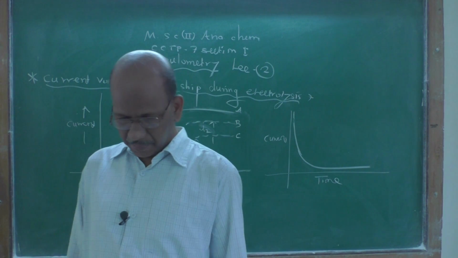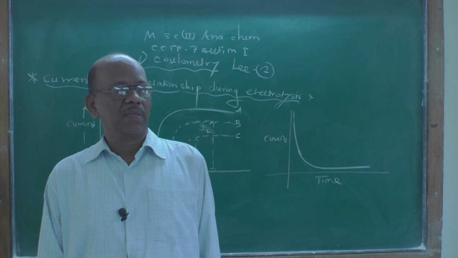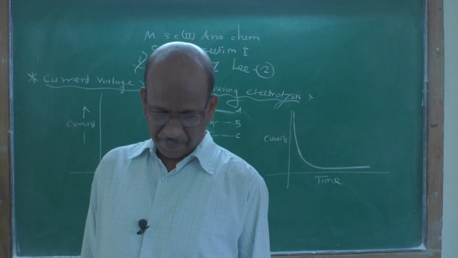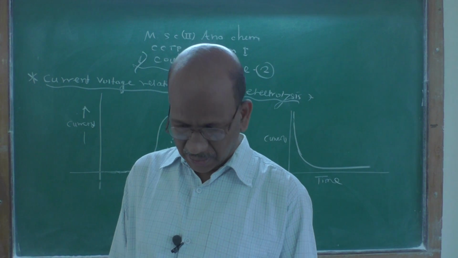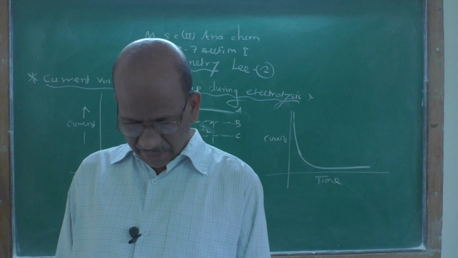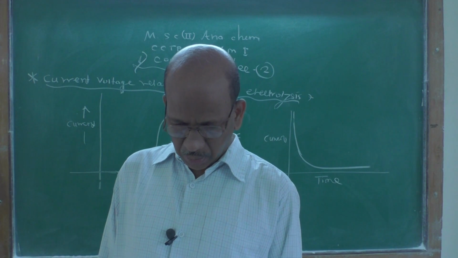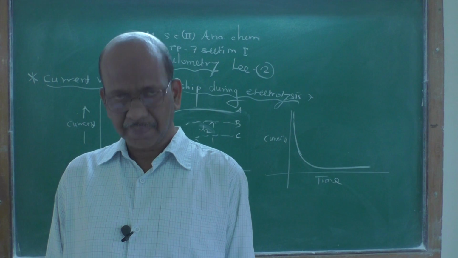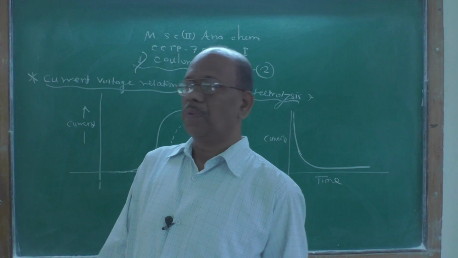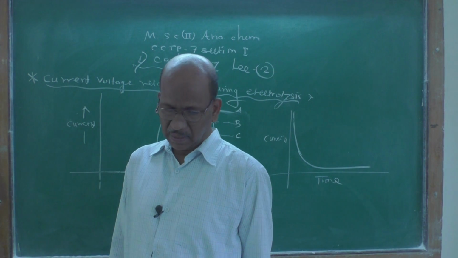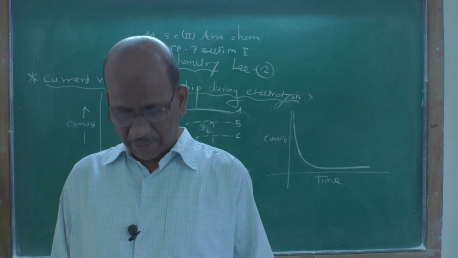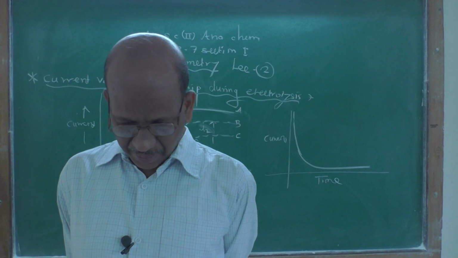At the start of the electrolysis, in current controlled coulometry, 100% efficiency is obtained by adjusting the current flowing through the cell. So I have to adjust the current in such a way that we get 100% efficiency.